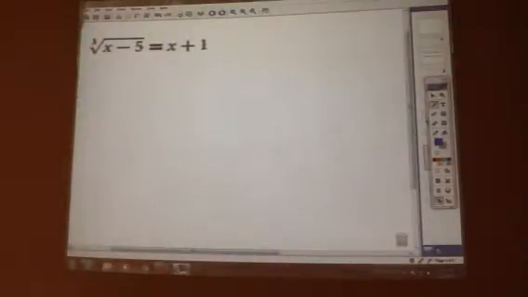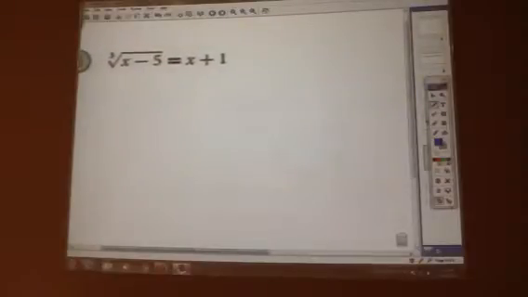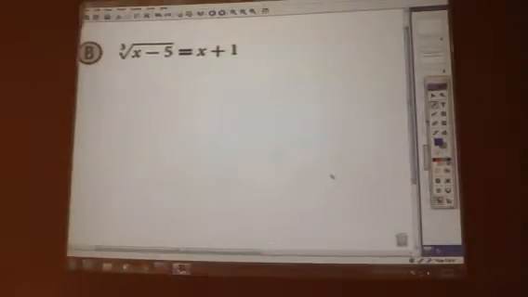Okay, let's go over B. Example B. Now this one's a little bit harder because I have x's on both sides and this x is already isolated over here, but it's under the radical. So in order to get rid of that cube root there, I'm still going to have to cube that side.